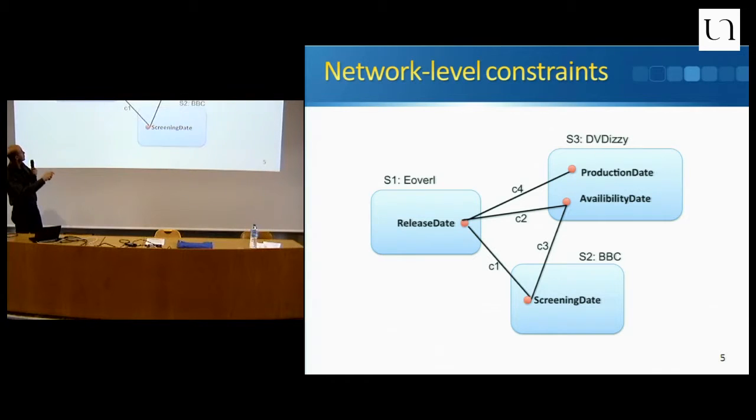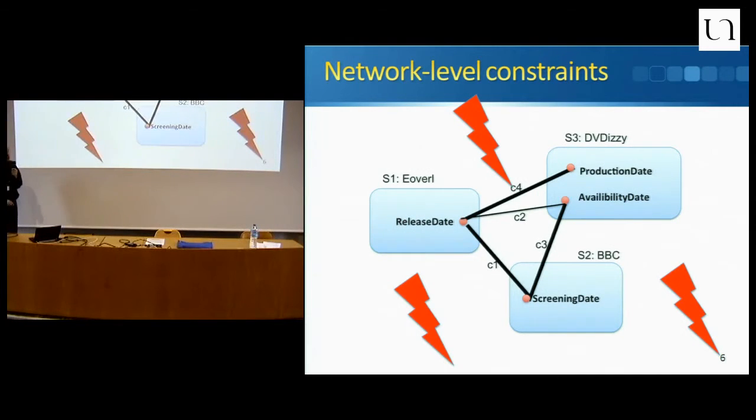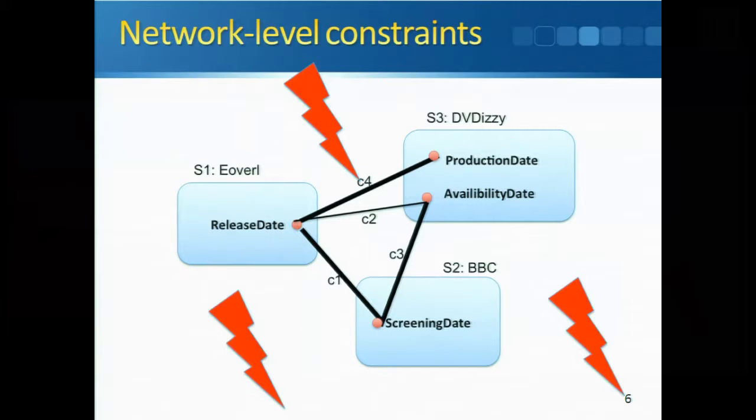If we have the correspondences C4, C1, and C3, this is a very strange situation, because imagine you exchange data, and this database will have the same data in a different column. So people want to avoid these circles. We don't want to have cases where you have a circle which is not closed.